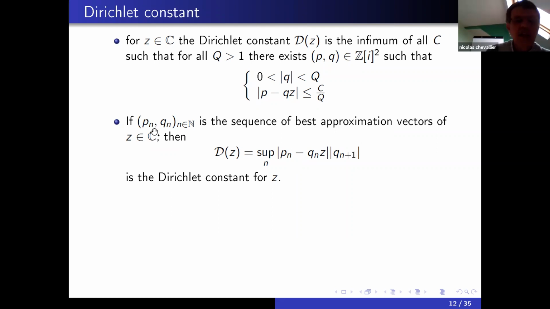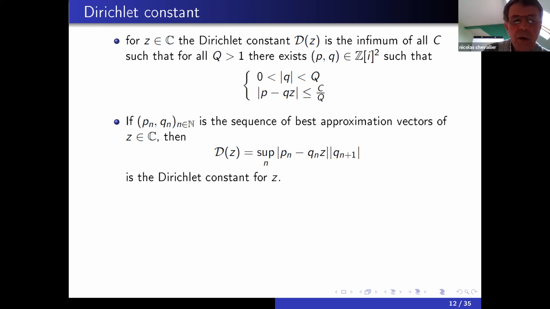I assume that these are the sequence of all best approximation vectors given by increasing Q here. And you just have to compute this product. This is the first coordinate of the minimal vector corresponding to Pn, Qn. And this is the modulus of the second coordinate of the next minimal vector. It is quite standard, I think.